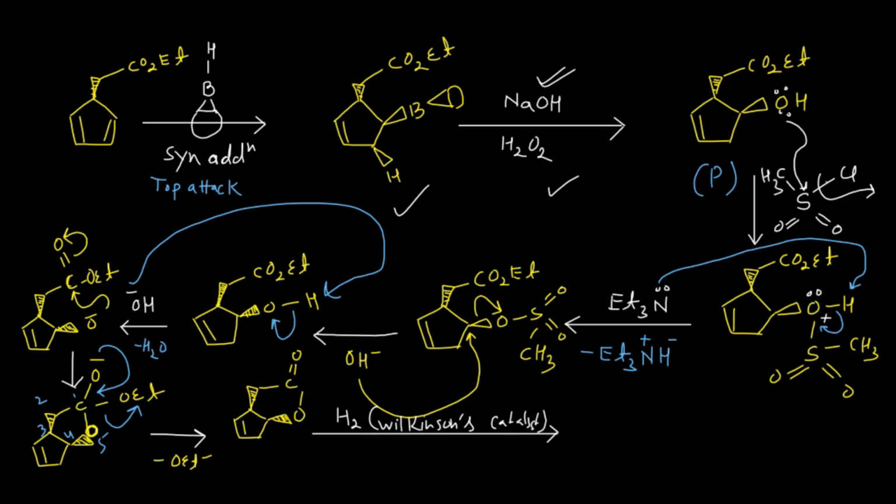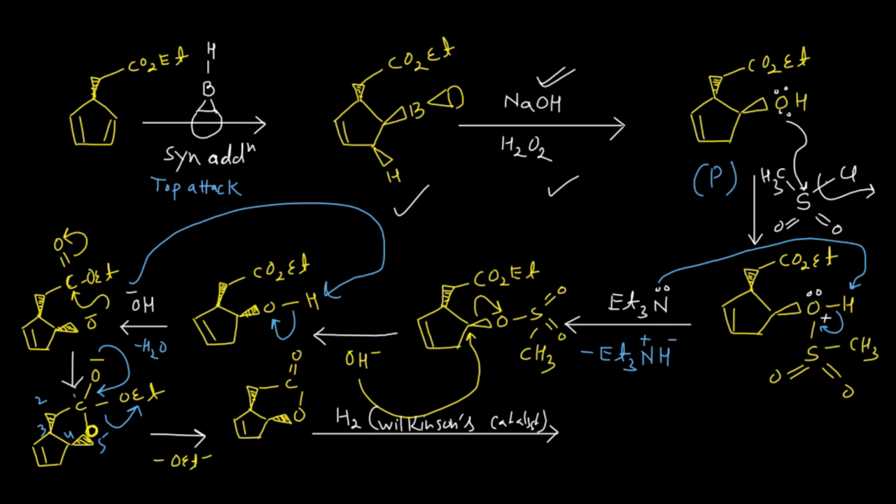So the hydrogenation will take place, and this double bond will also convert into a single bond. One hydrogen will add to this carbon, another hydrogen will add to that carbon.